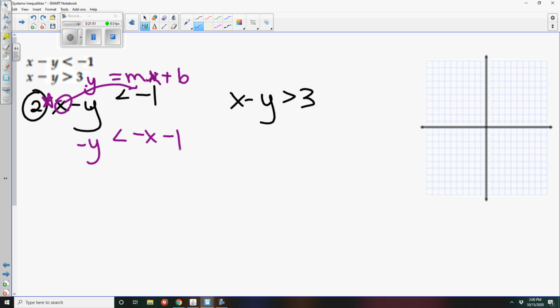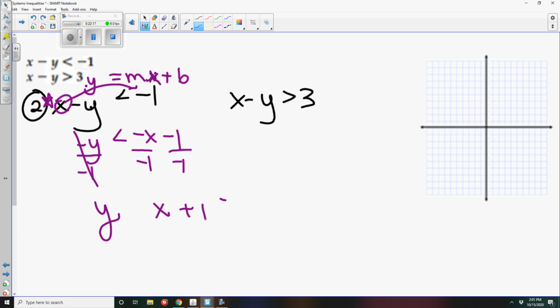Now, what do we have to do to finish up for y? You divide by negative 1. Now the negative 1's cancel, and y is 1x. Two negatives make a positive. Well, we're still missing something here. What are we missing?